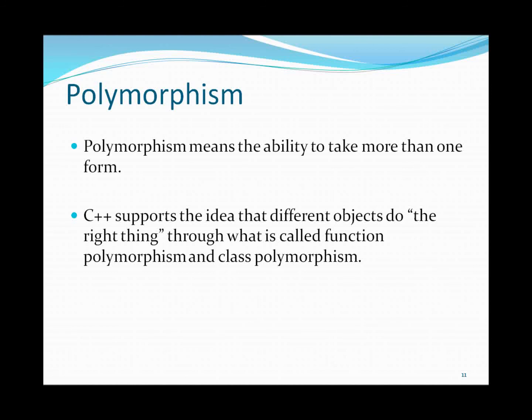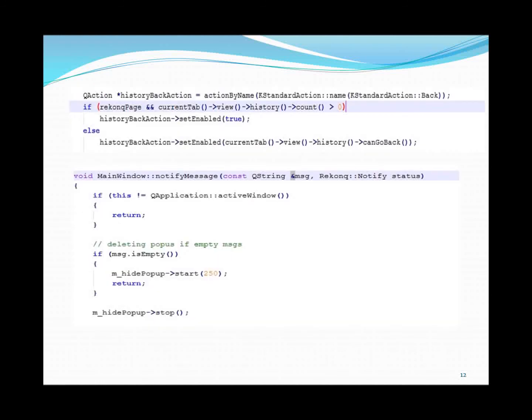So C++ supports the idea that an object can do the right thing through what is called function polymorphism and class polymorphism. Those are sub-types of polymorphism. So if we go further and check what the code says, as you can see in this code, the ampersand here is used as a condition.